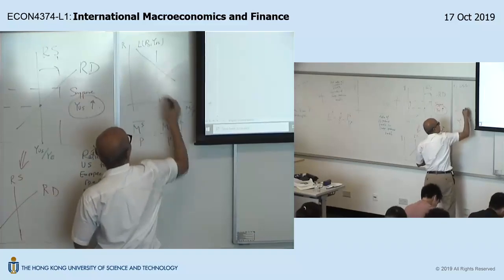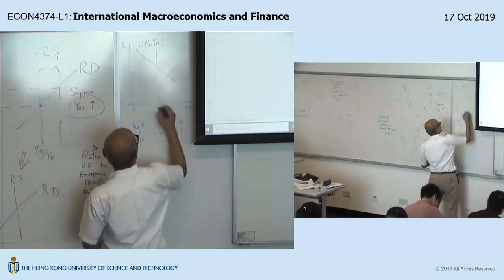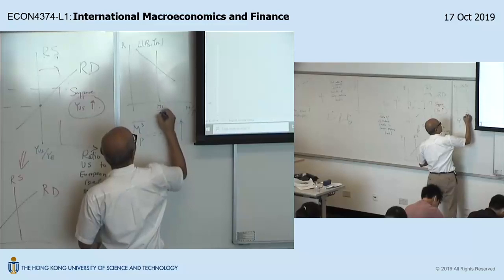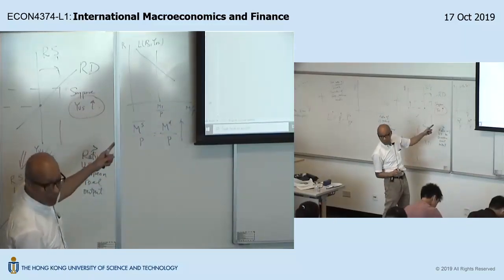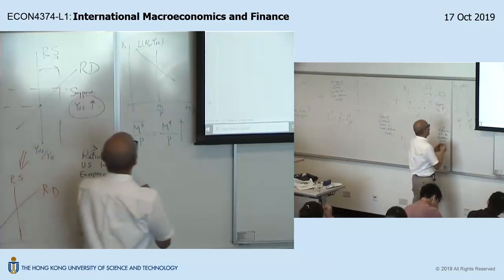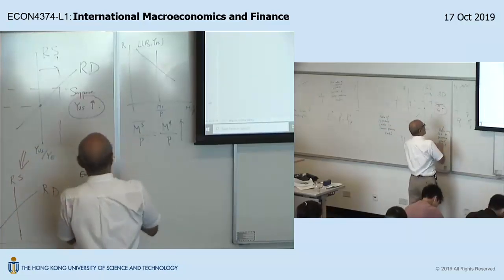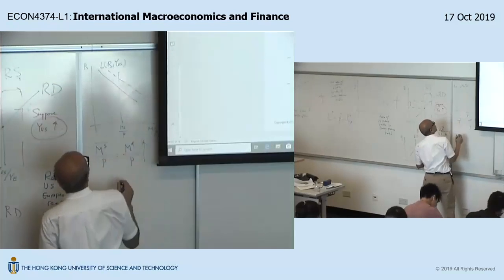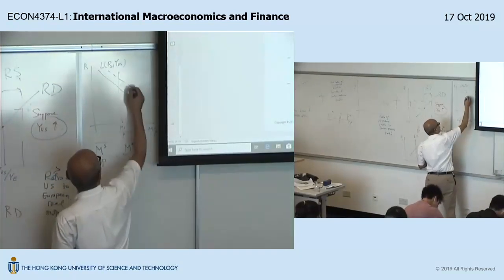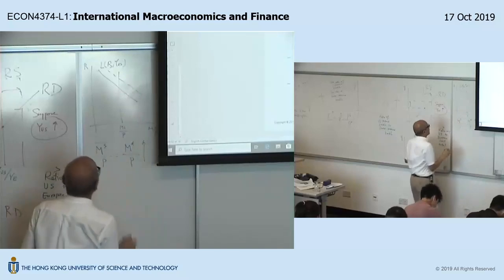And then you have this is MS over P, right? Now when Y US increases, it shifts this to the right, okay?